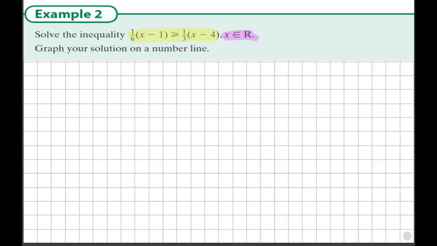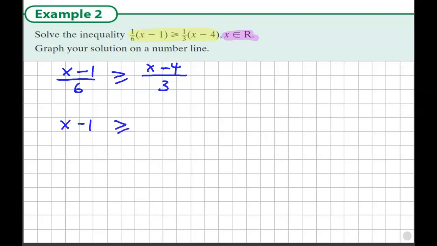So let's go through this. We have these fractions in front. Just very quickly, whether you see those fractions as written, or whether you see it in this sort of way, where you've got a denominator, it doesn't really matter. Whatever you like or deal with best. Likewise, in terms of how you deal with those, at the end of the day, if I multiply everything by 6, if I multiply this side by 6, I get x minus 1.